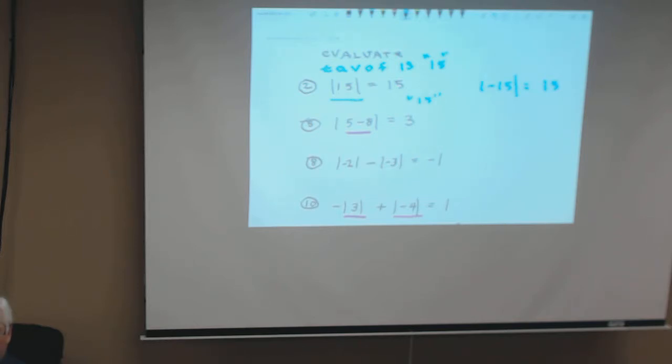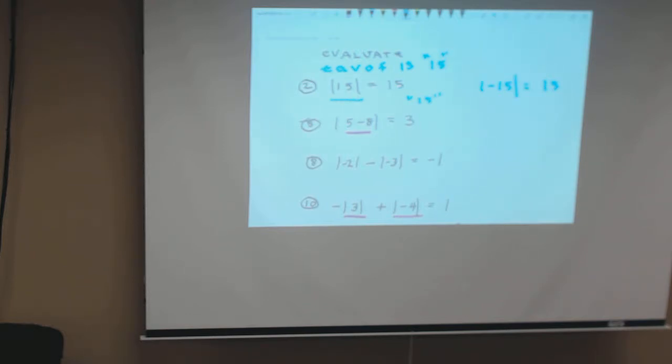I don't care whether it's negative or positive. Now, I think the textbook says you ignore the sign. It's like you don't care whether it's to the left or to the right from 0. You just want to know the magnitude. You just want to know how far from 0 it is.